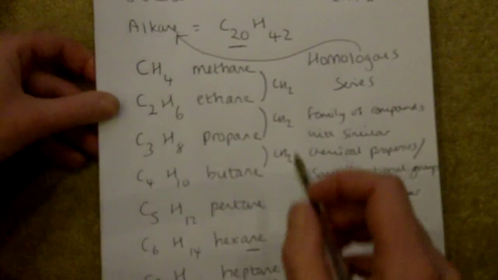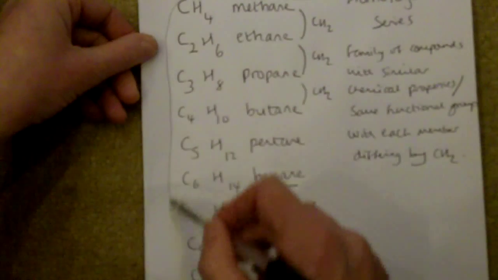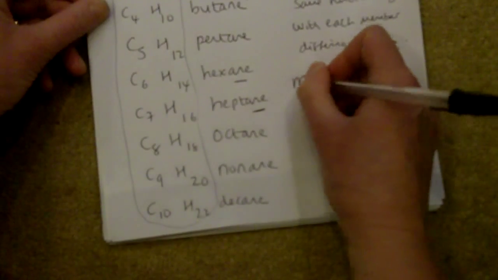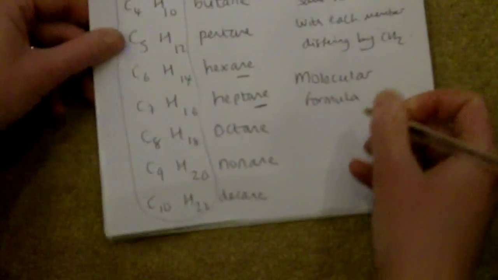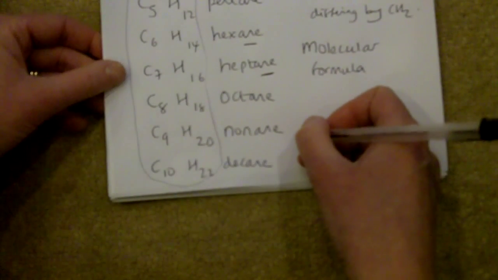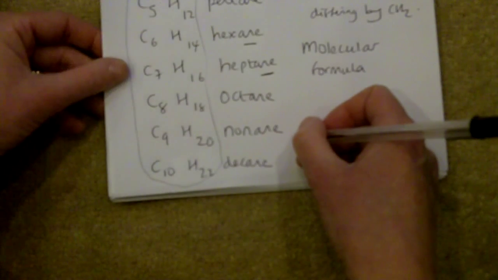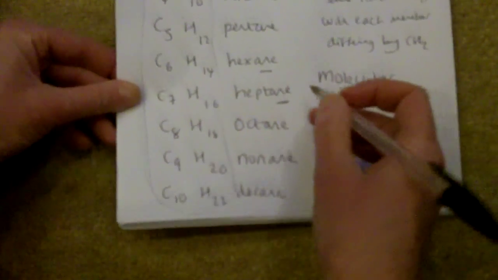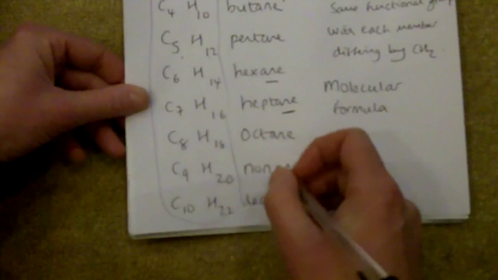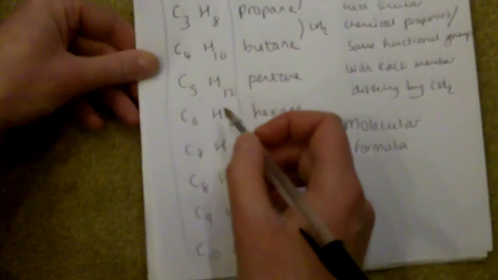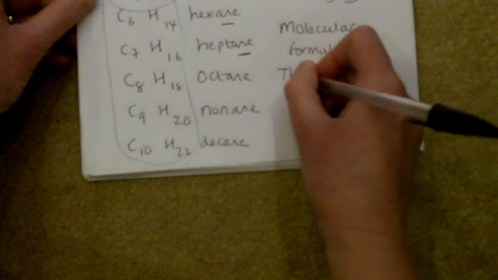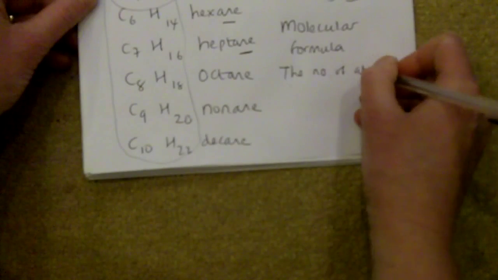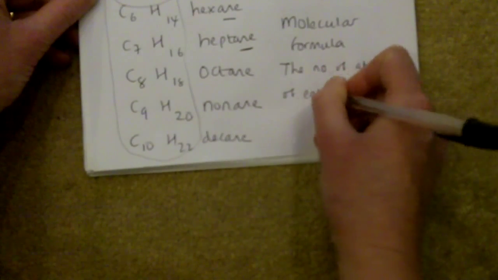Right, so everything I've written there is called a molecular formula. A molecular formula just shows you the numbers of each atom that is in the compound. So we know that there are 5 carbons, 12 hydrogens. So it's just the number of atoms of each element in a compound.